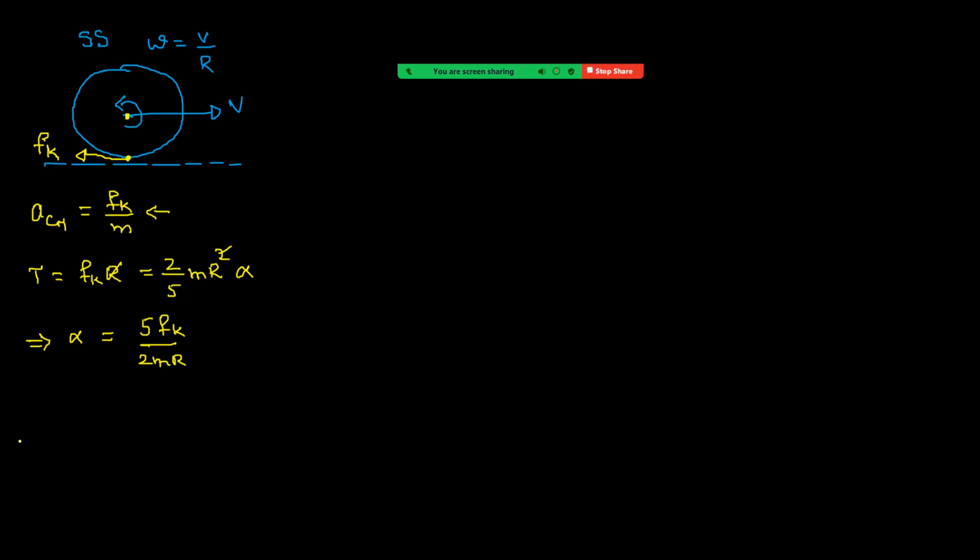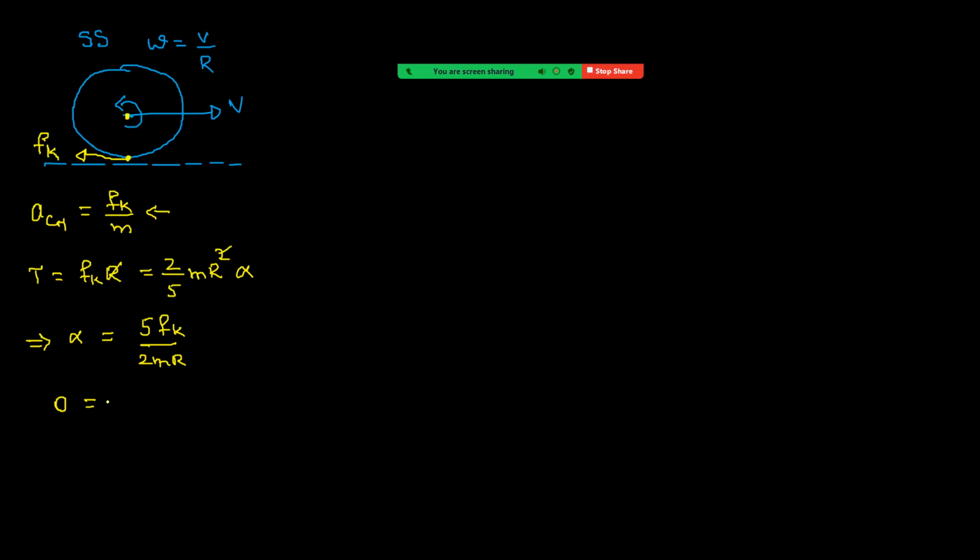Now we can write velocity as a function of time, omega as a function of time. So I'm writing here v equal to u plus at. Let us see at what time velocity becomes zero. So finally velocity is zero. v equal to u plus at. The u value, how much? It is given v.